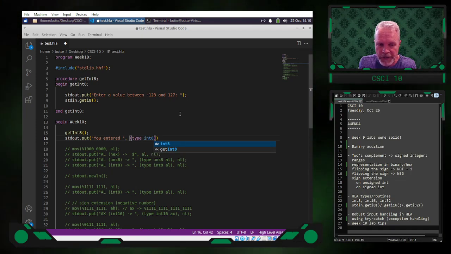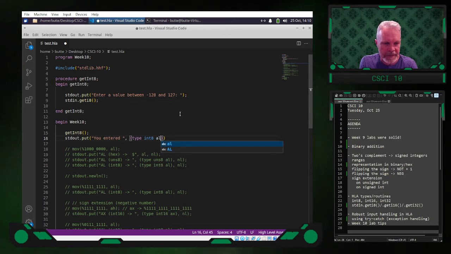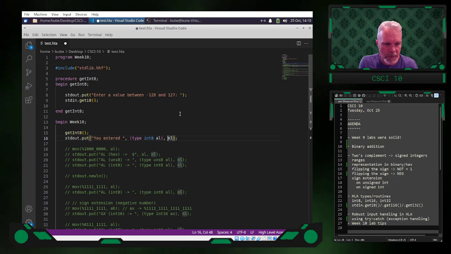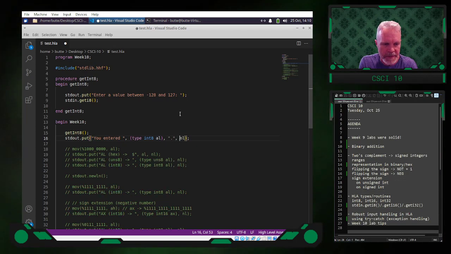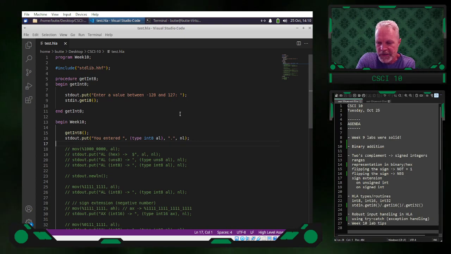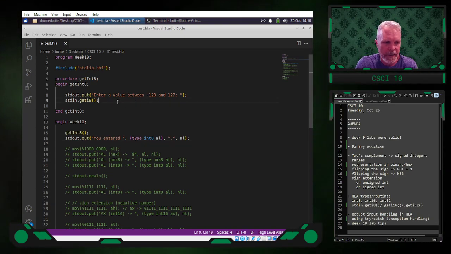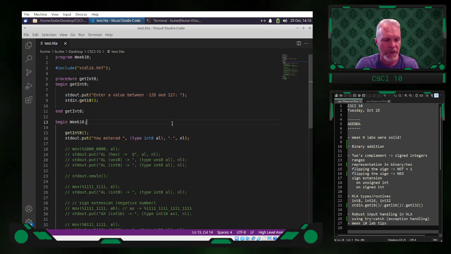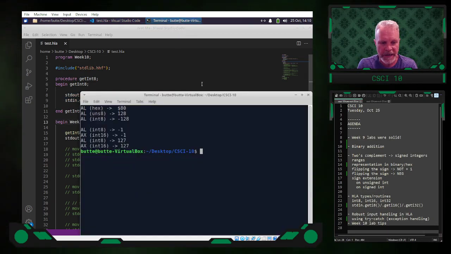Signed 8-bit input, signed 8-bit typecasting, AL. I'm going to put a period at the end. I don't know why, it just seemed bad to not do that. So let's start here, and then I'll quickly build out a robust input handler using HLA's features to do that. But let's just check it real quick.